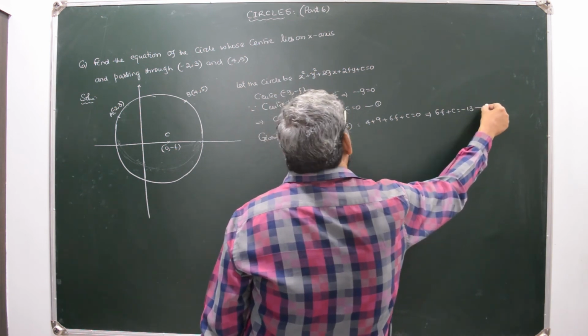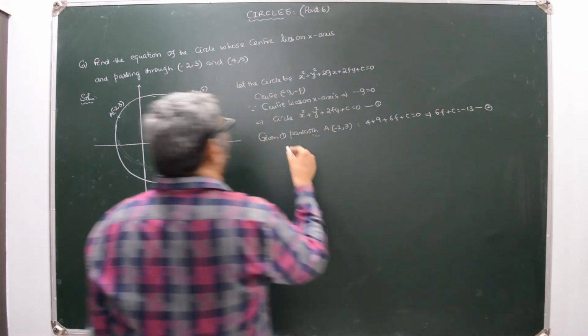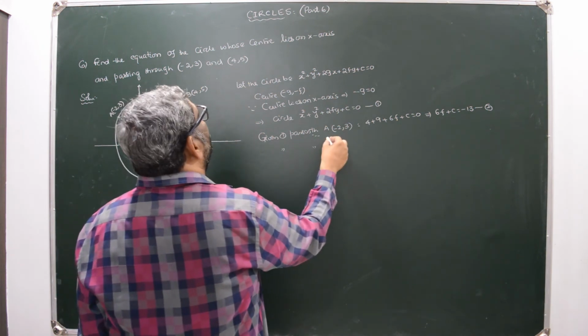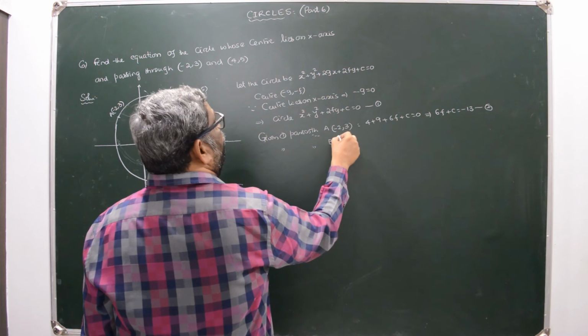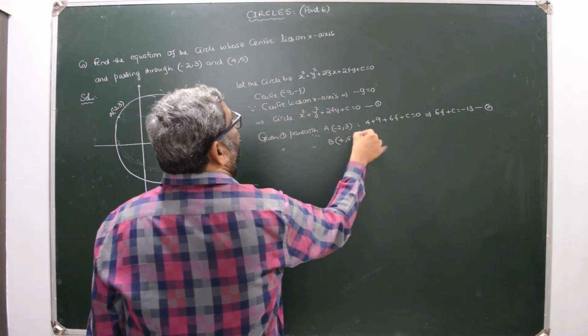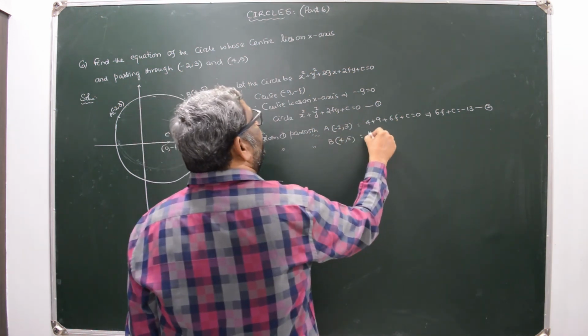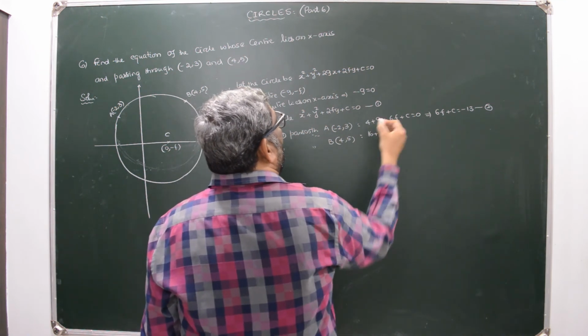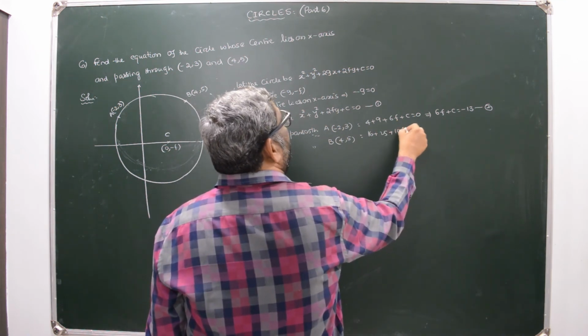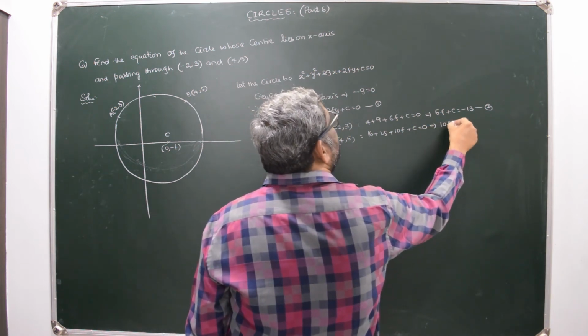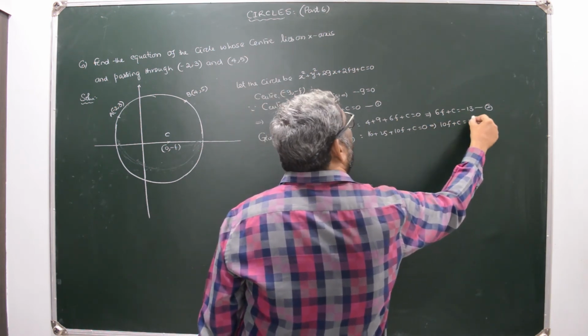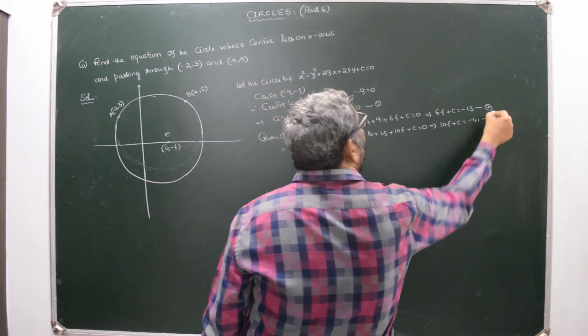You can call this as 2. It passes through B 4 comma 5. So 16 plus 25 plus 10f plus c equal to 0 implies 10f plus c equal to minus 41. This is 3.